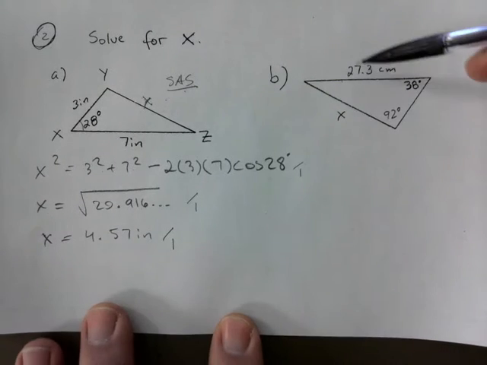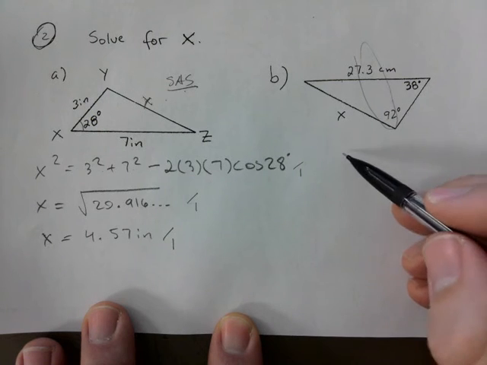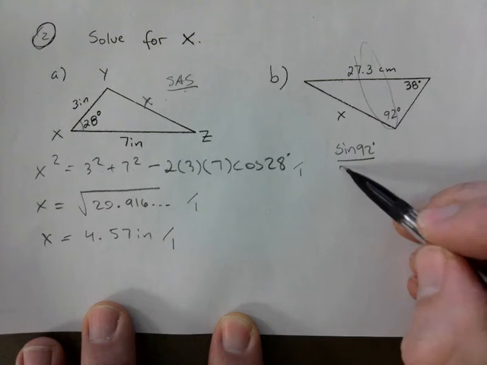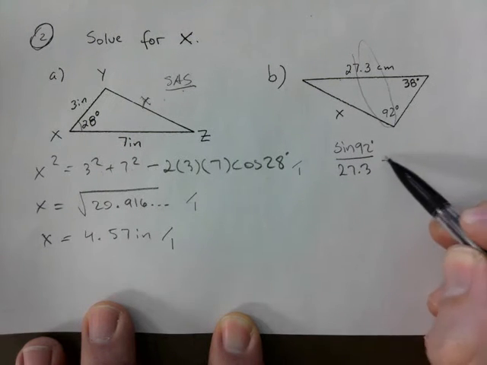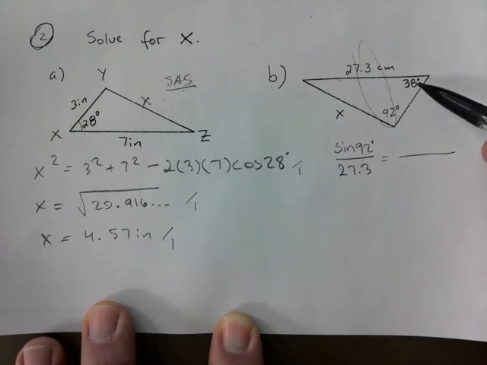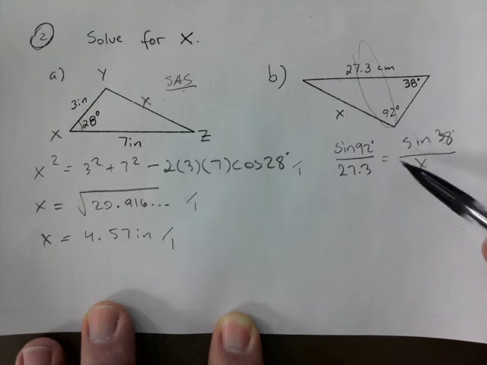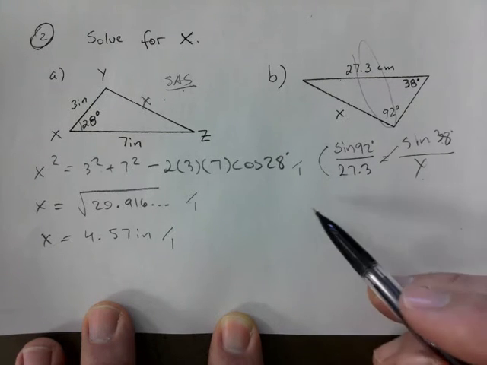The next one, I see a pair. I know that this is sine law, so I'm going to go sine of 92 over 27.3. And watch out, right? In this case, the angle is across the side you're interested in. So we can just go sine of 38 degrees over side x, cross multiply and divide.